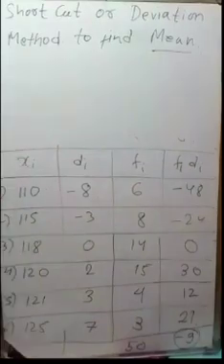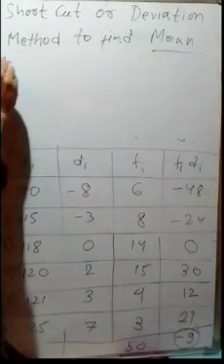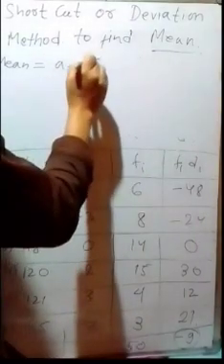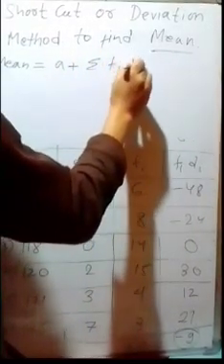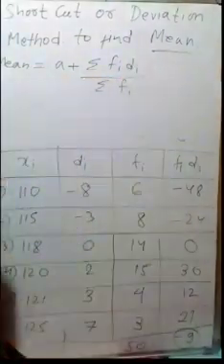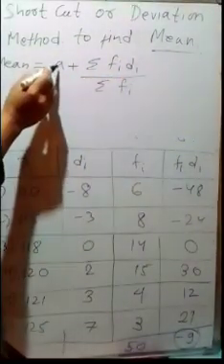Now we have to use our shortcut formula. Our shortcut formula of mean is mean equal to a, the assumed value, plus sum of fi di divided by summation of fi. So what was the assumed value?